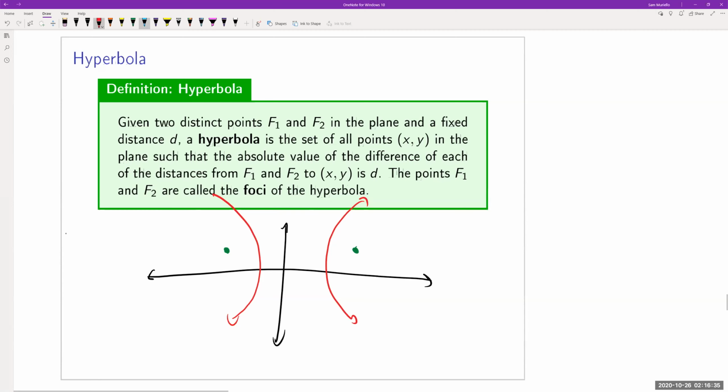The two foci sit inside these two things that look like back-to-back parabolas, but they actually work a little bit differently because we've got a distance here and a distance here. And the absolute value of the difference is equal to this fixed value, d.